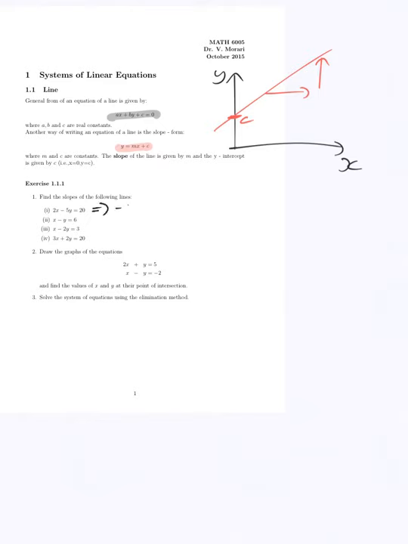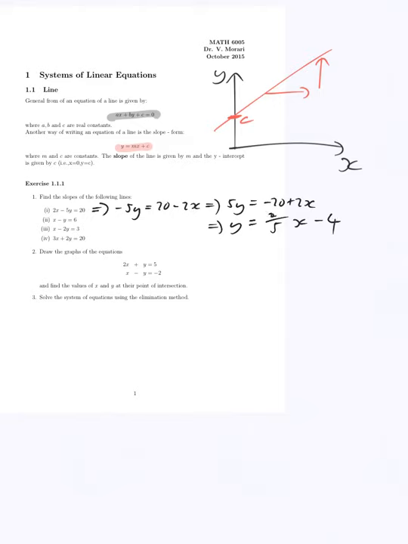So that implies that minus 5y is equal to 20 minus 2x, which implies that 5y is equal to minus 20 plus 2x, or y is equal to 2 over 5 times x minus 4.